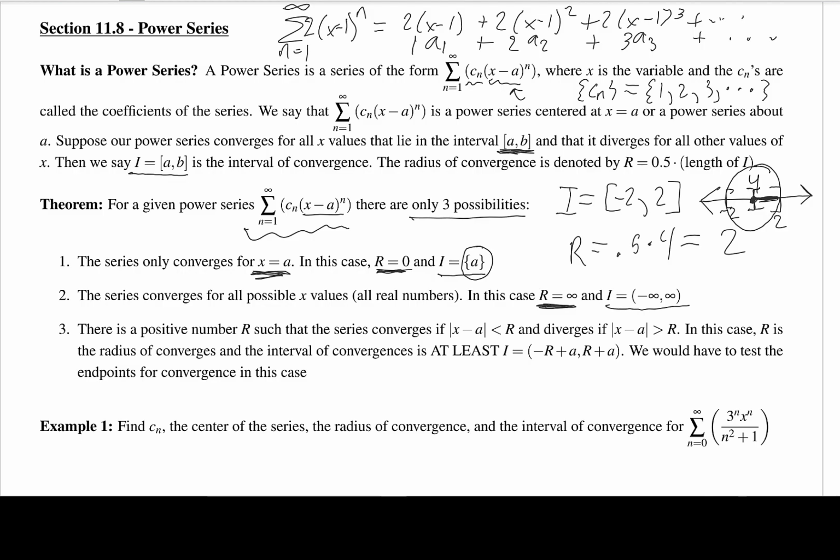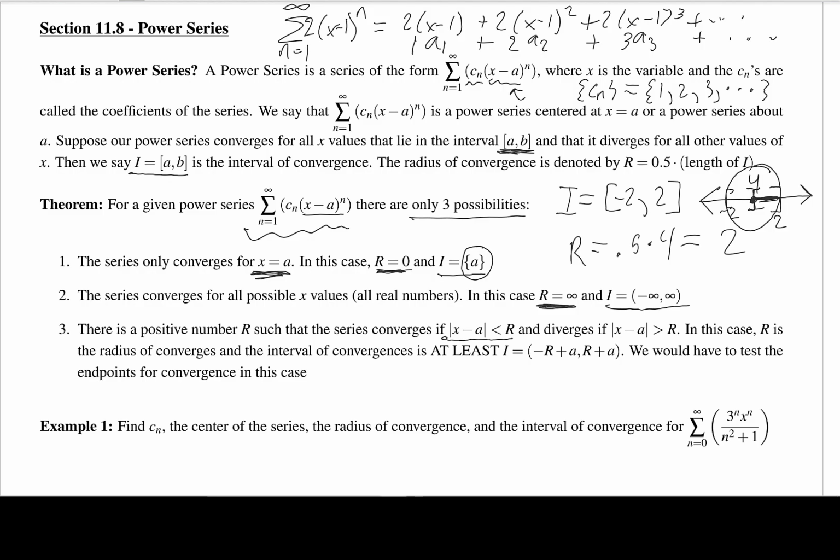The third possibility is that there's some positive number r such that the series converges if the absolute value of x minus a is less than r. Right? So if it converges in this interval, then it's going to diverge everywhere else.